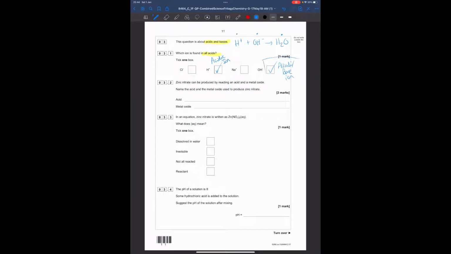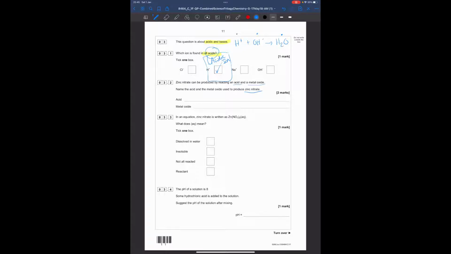So you just need to make sure you remember these two key ions. But for acids, it is H+. So question 3.2, zinc nitrate can be produced by reacting an acid and a metal oxide. Name the acid and the metal oxide to produce zinc nitrate.